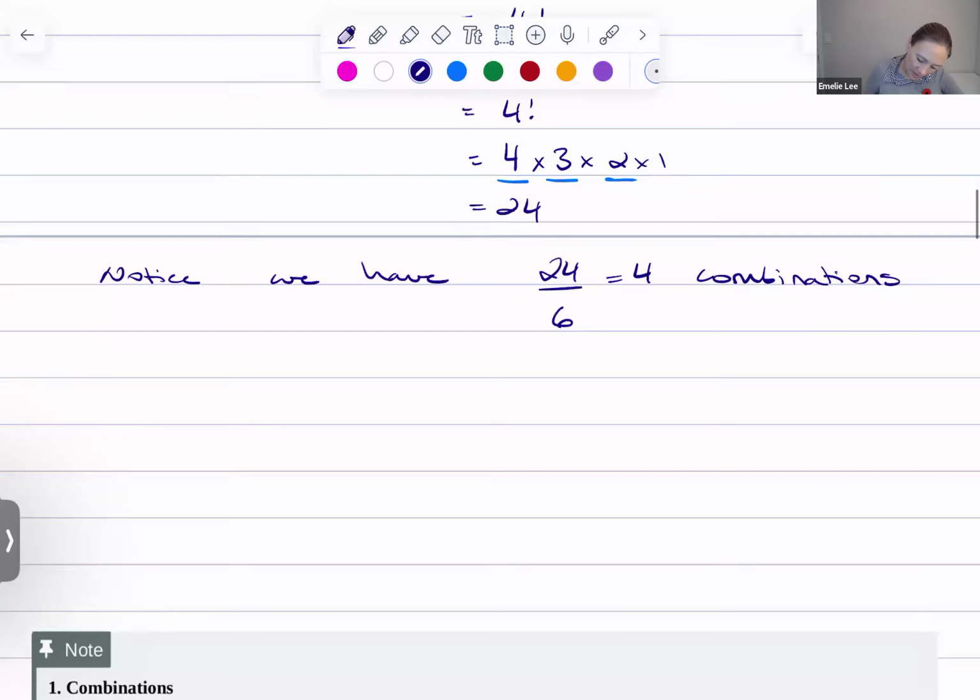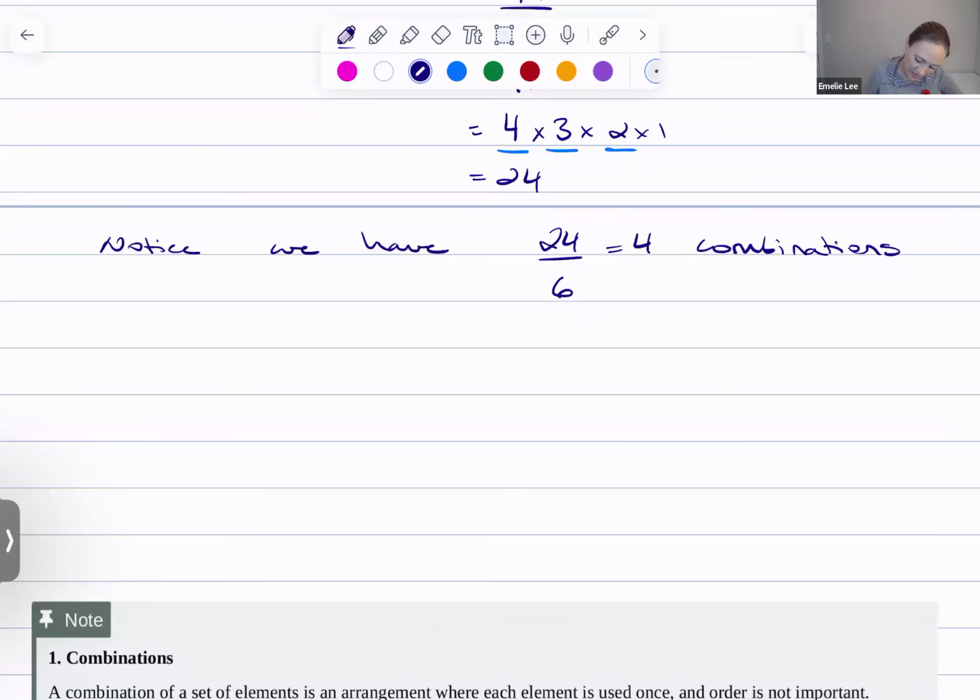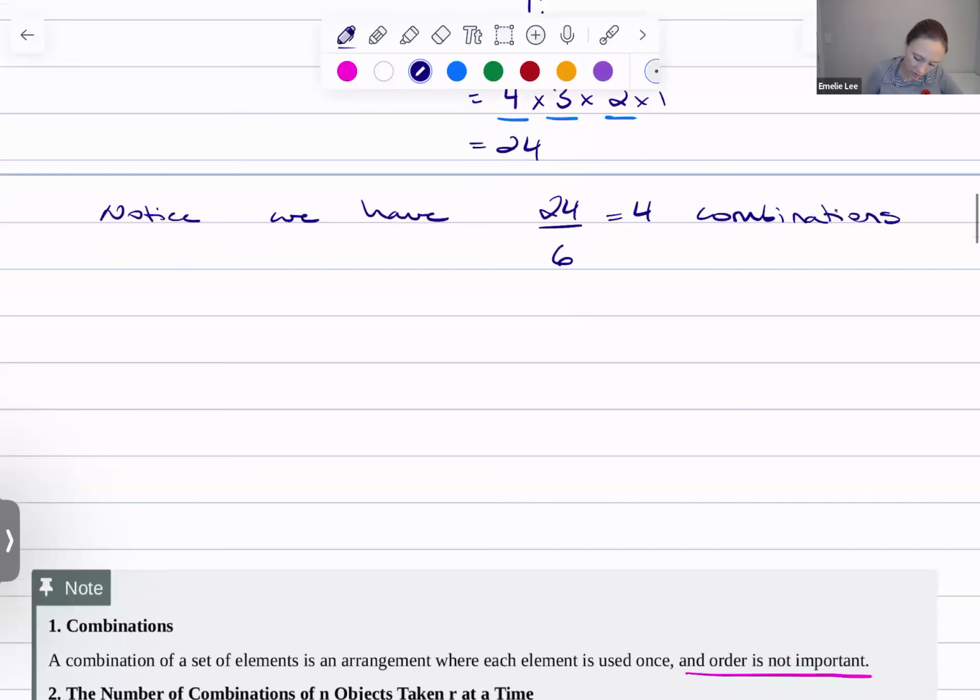This is the same as the number of combinations, nPr divided by r factorial.